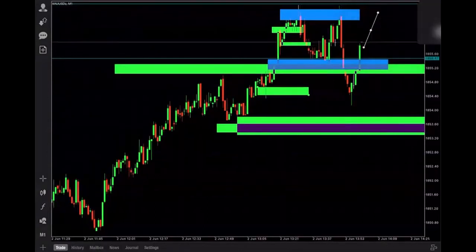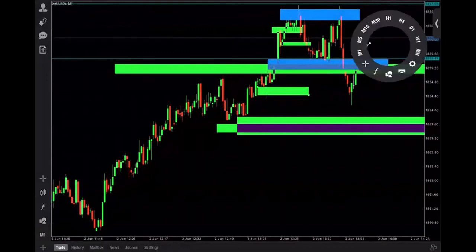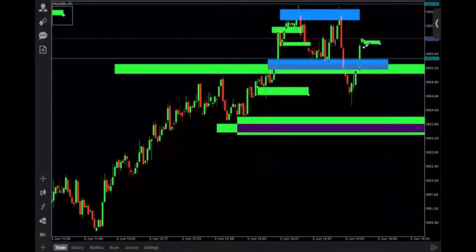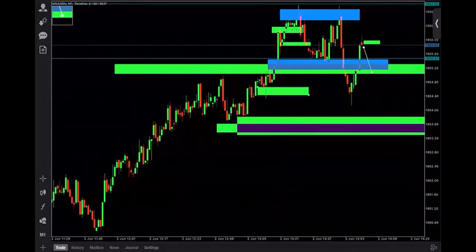If, for example, we were to enter now, okay? We enter here. Our SL would be here or here. So it could be 15, 17 pips or 5 pips, 6 pips. But this one is a new H1 candle.